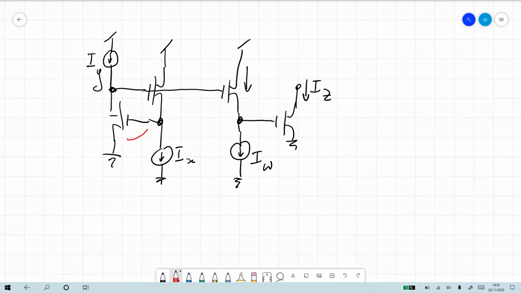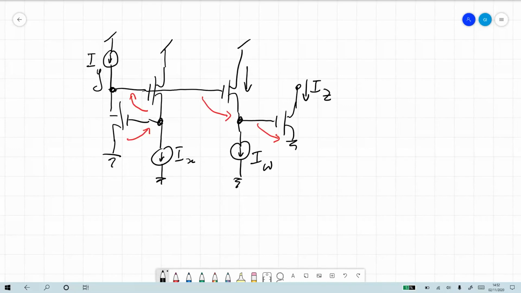And I'll go through the various, this one VGS plus this VGS minus this VGS minus this VGS is equal to 0. Do you see that? I start from ground, I go up, and I go back to ground. I hope that's clear to everyone.